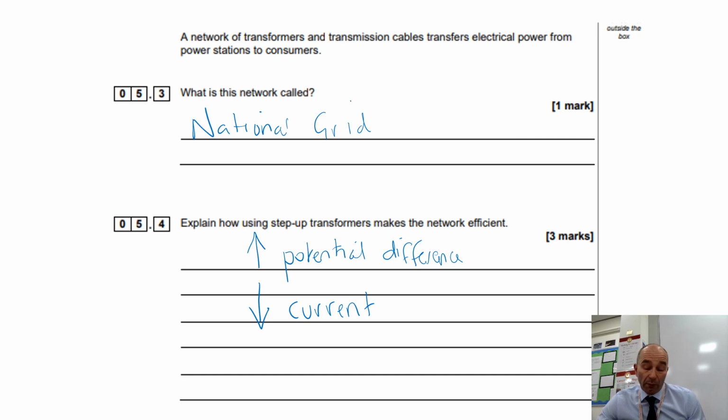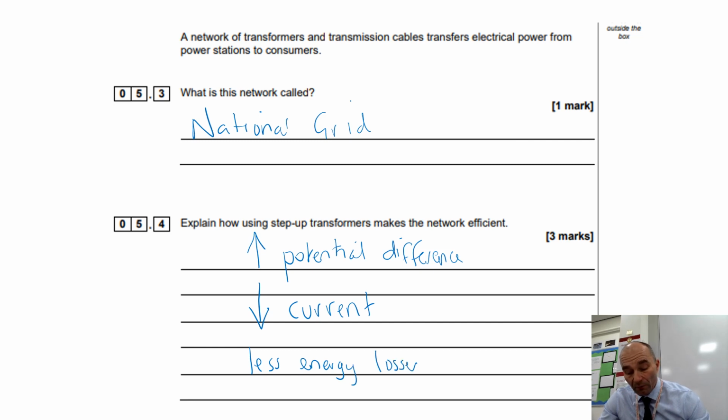So, in a way, the more current you've got flowing, the more heating you have, and then that leads to unwanted energy losses. So you're losing energy. By reducing the current, there's less heating of the cables, so less energy dissipates out into the environment, and we're just conserving energy.